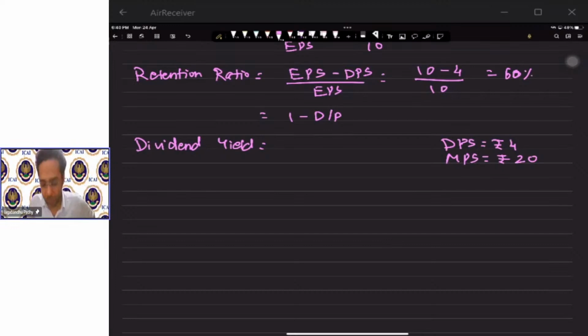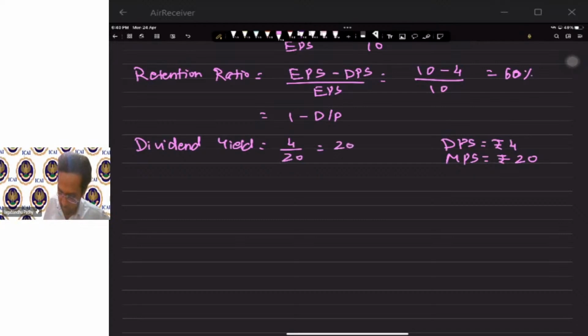So market price is 20 and the company is paying out a dividend of 4 rupees. Can you tell me what's the dividend yield that the company is having? The dividend yield is 4 upon 20, which is 20%. Right? So 20% is the dividend yield.